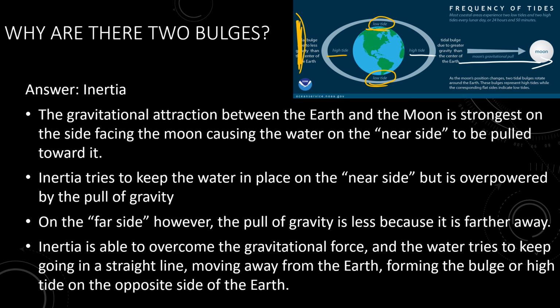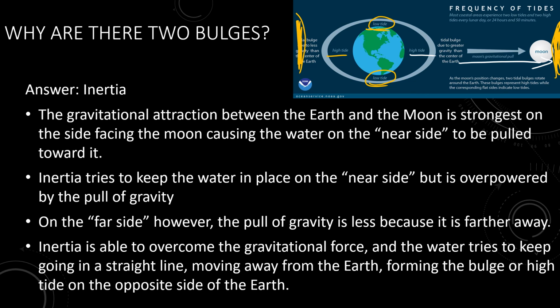So why are there 2 bulges on here? Because it could be where the moon or the sun is back here, right? And they're pulling in the same direction. And so the answer is inertia.